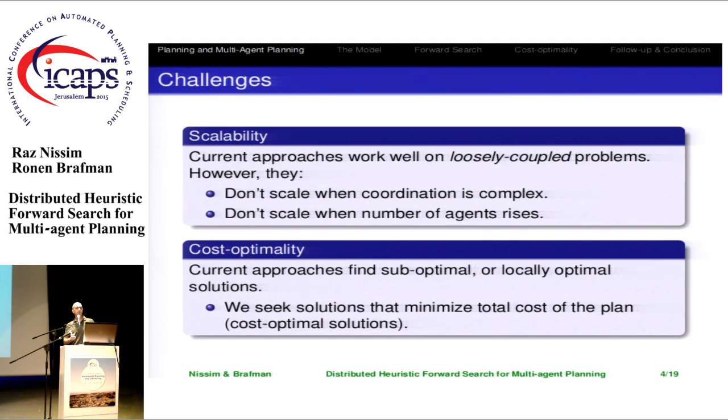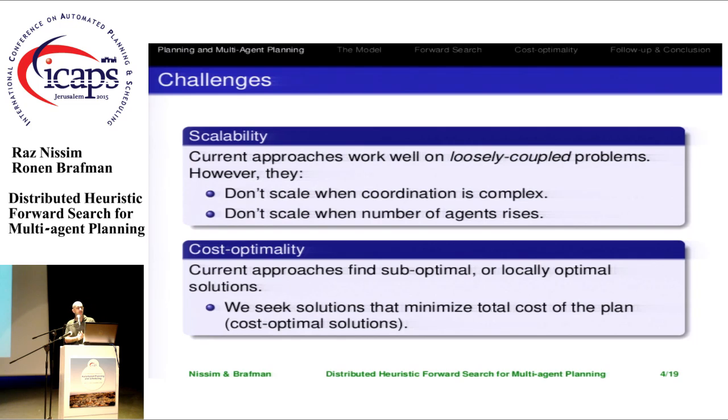The main challenges we tried to tackle when we started this work is first, scalability. The existing approaches worked well on loosely coupled problems where coordination between agents was, let's say, not so complex. But once the number of agents rises or the coordination becomes more complex, these problems are just not solved.